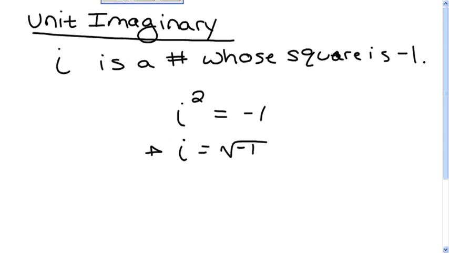So whenever you see an I, it's the same thing as the square root of -1, or anytime you see the square root of -1, it's the same thing as I. So this is part of the reason we actually work with imaginary numbers, is you use them when you start multiplying most of them together. So this is a specific case with your unit imaginary.